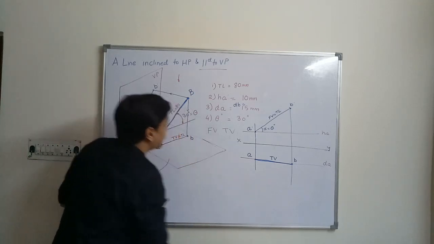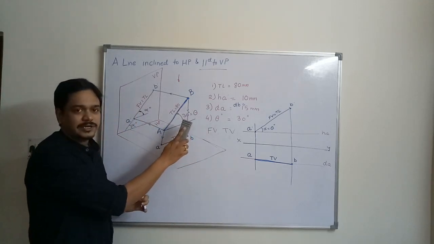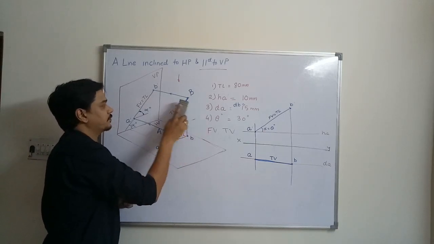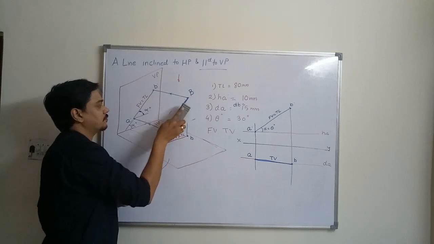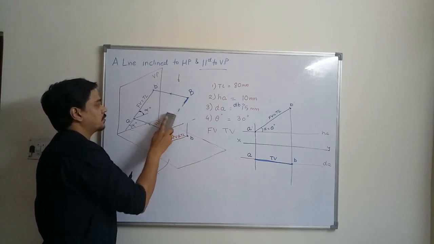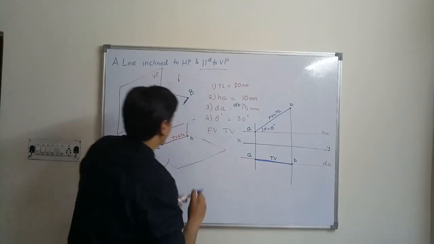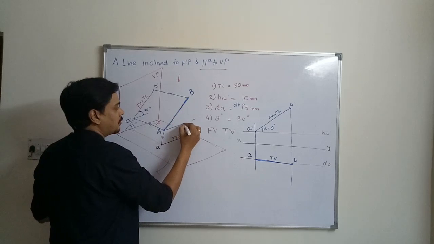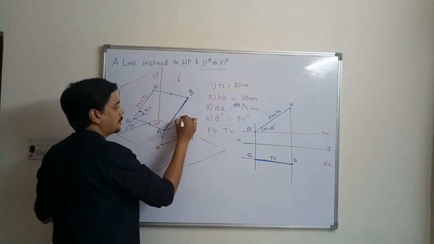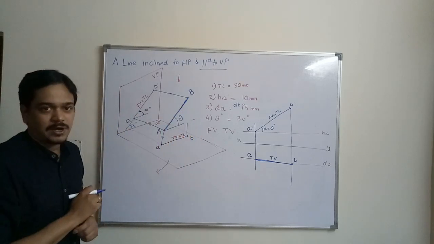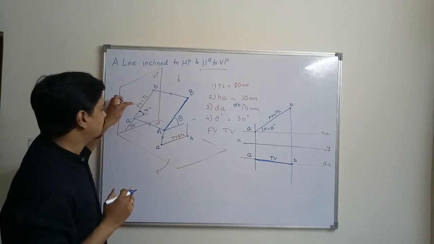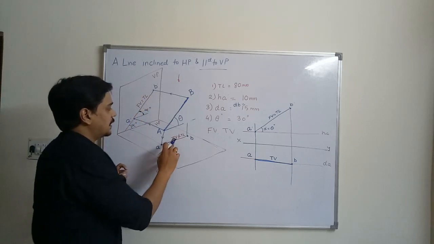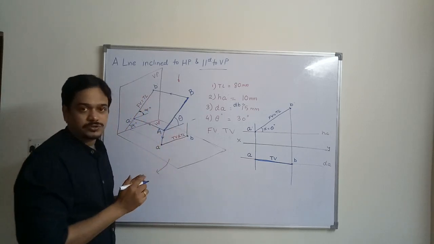Now you have this theta over here, so I am erasing this. So this is theta and this one is alpha. You know that here the front view is equal to true length. Your objective is to find out the true length in the top view also.